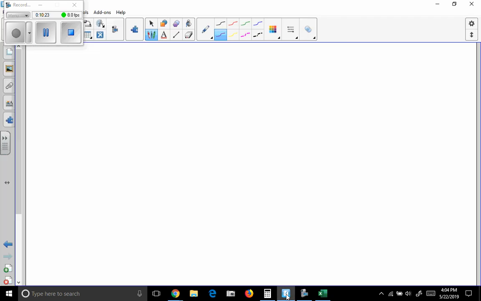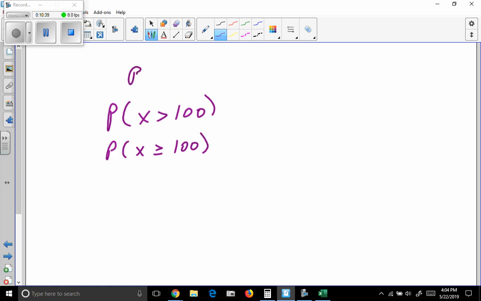So we're not going to go into all the details, but if we're looking for the probability of x being greater than a number, or x being greater than or equal to a particular number, and these are binomial, keep in mind that these are discrete values.